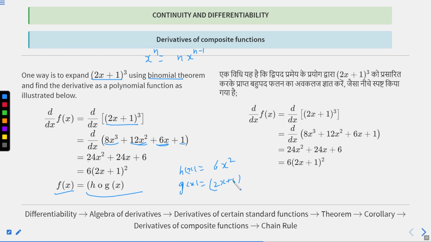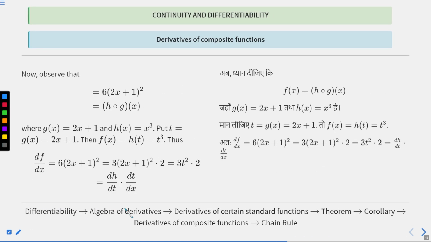That's it. So h of g, meaning 2x plus 1, will be the same as 6 times (2x plus 1) whole square. That's what is written over here. Okay, clear? So f(x) is the same as this thing. f(x) is a composition of this.